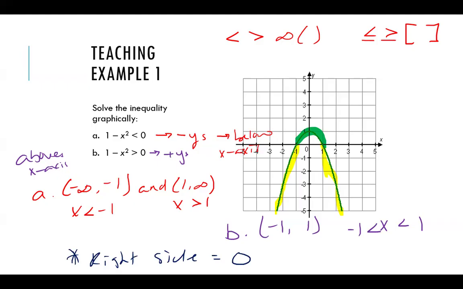Okay, so from this example, we know that if I am less than 0, we're looking below. And if I am greater than 0, we're looking above.